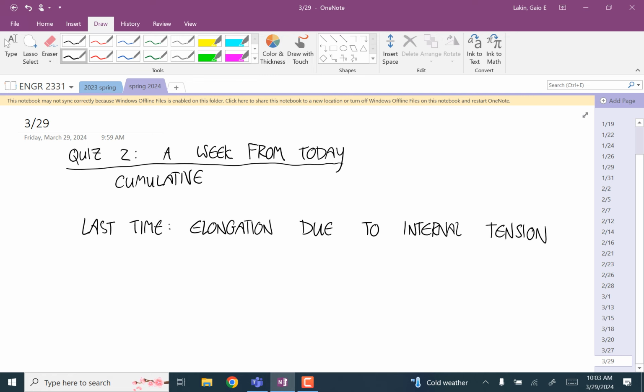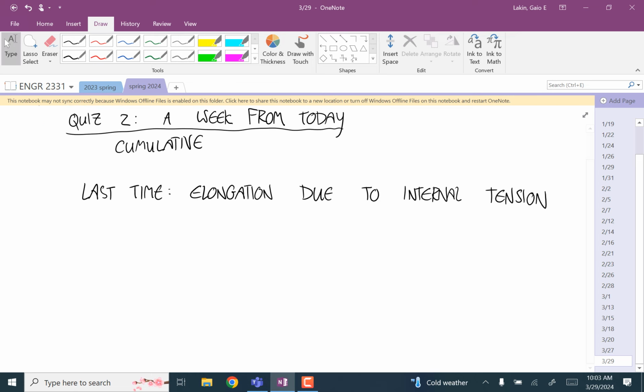There's another thing that can cause elongation, and that's changes in temperature. And so I'm sort of lumping these two into the same category. So, elongation due to temperature change.